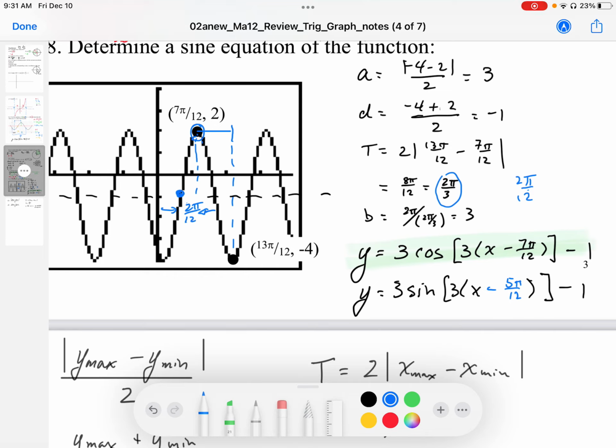And that gives me the distance between the max and the middle, and that represents 1/4 of the period. So I'm going to just maybe say here, this represents 1/4 of the period, and this is what I'm using to calculate this position in here.